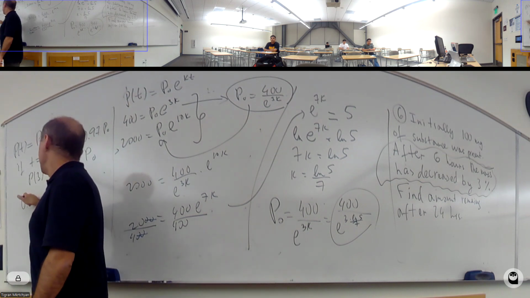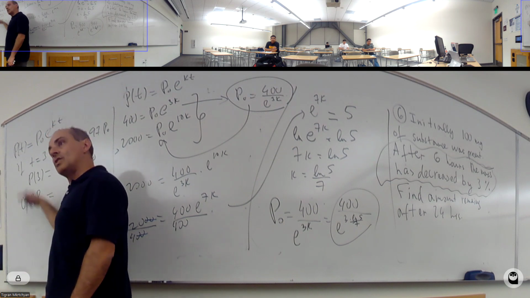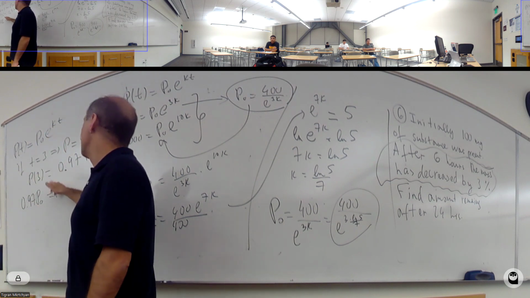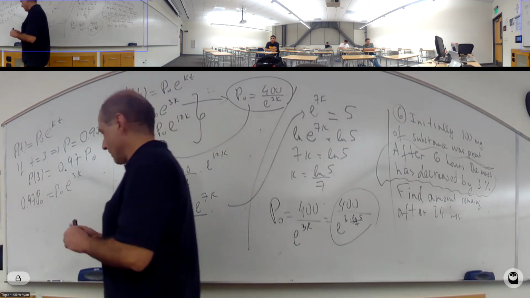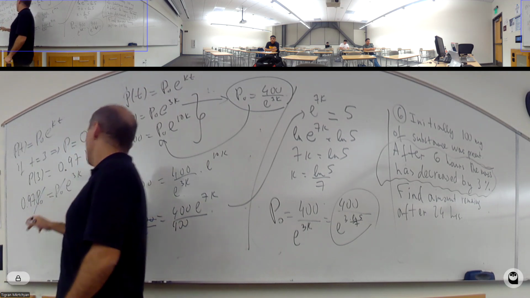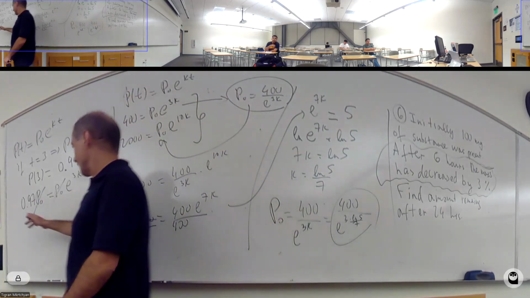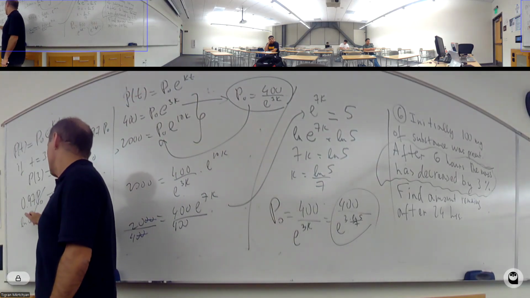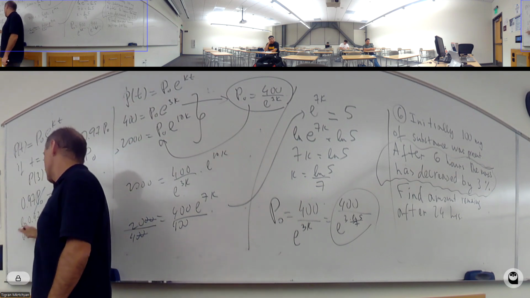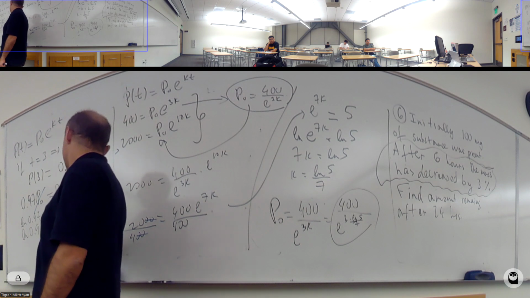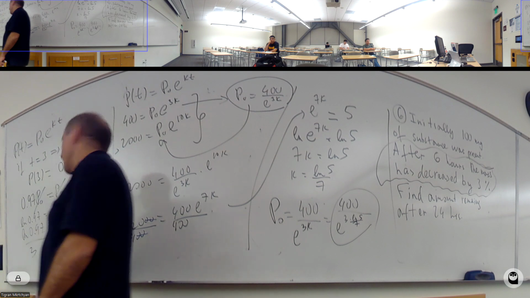So 0.97 P0 is the population when t is 3, right? Plugging in t, that will help us find k.